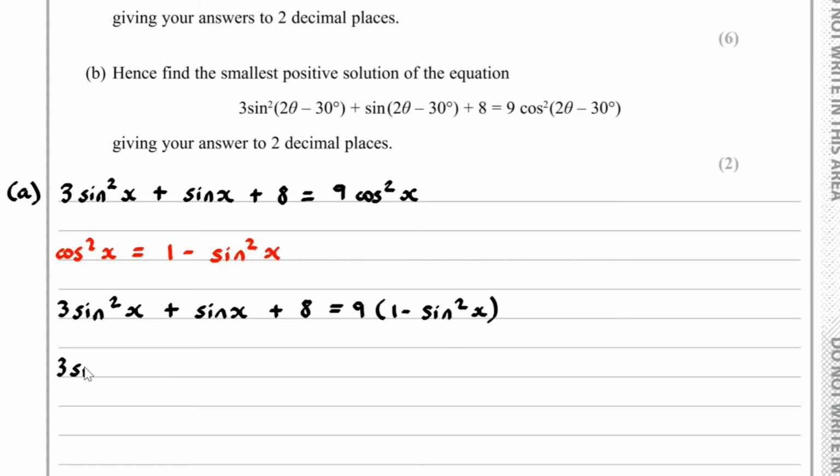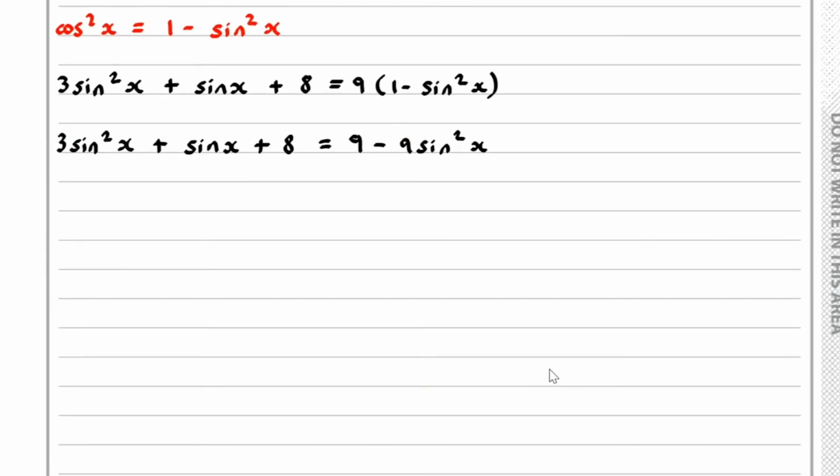So I've got 3 sine squared x plus sine x plus 8 equals 9 minus 9 sine squared x. I've got a quadratic here, and I need to rearrange so everything's on one side. If I do that, I get 12 sine squared x plus sine x minus 1 equals 0.